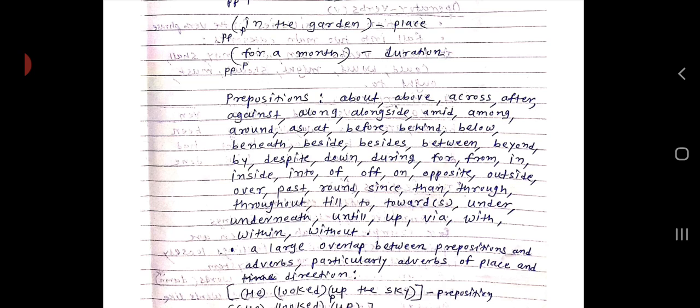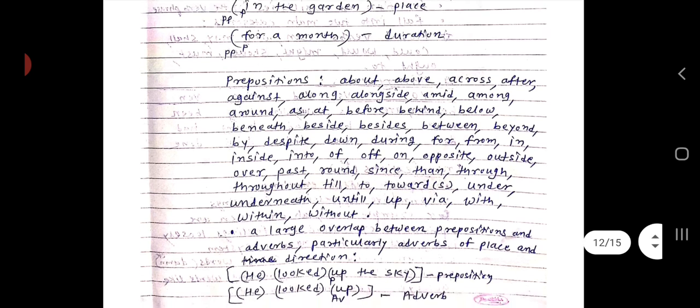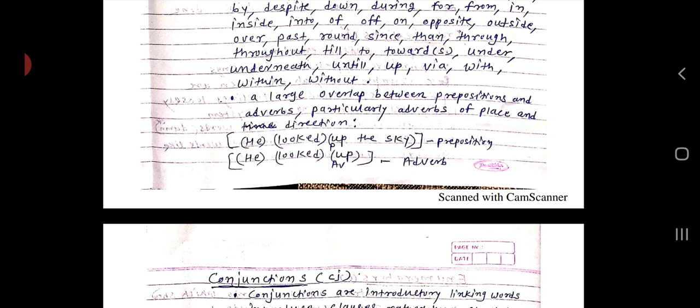Again, there is a large overlap between prepositions and adverbs, particularly adverbs of place and direction. He looked up the sky. Up is here a preposition, but it shows direction. He looked. Where did he look? He looked up the sky. In the second example, he looked up.